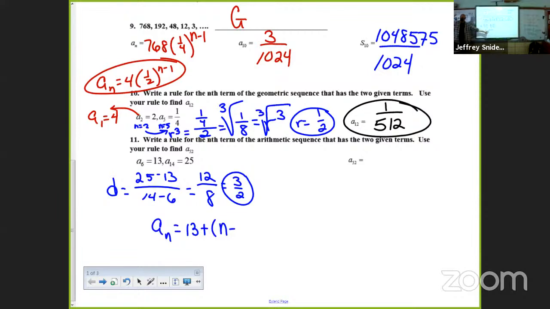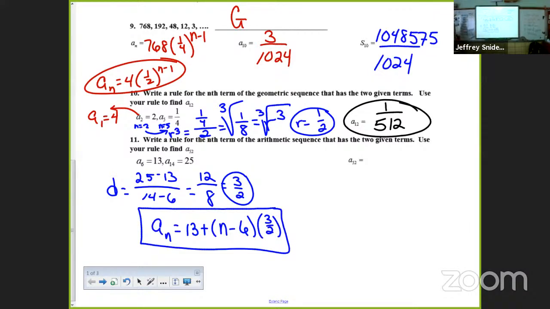Because this is the 6th term, so I have to put that value right there always. If this was the 8th term, that would be an 8. And then it's going to be times 3 halves. You can leave it like that. You do not have to simplify it. That is completely fine.